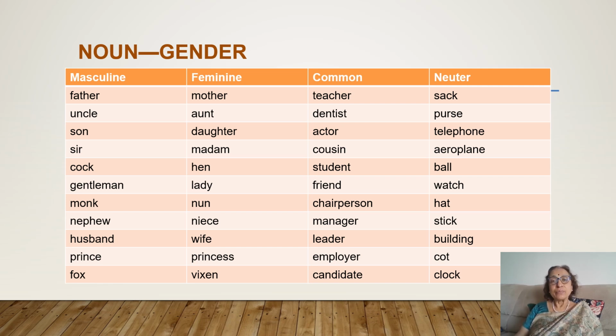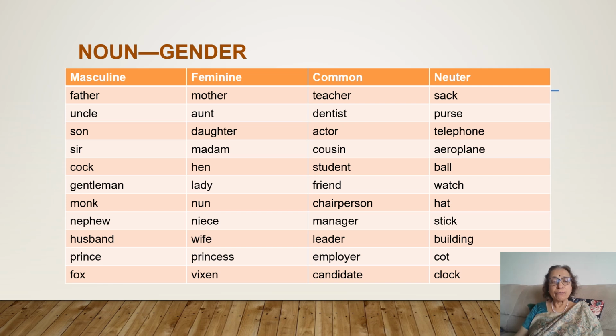Let us look at these columns one by one. You have the father and mother. Then masculine and feminine: uncle, aunt, son, daughter, sir, madam. Then you have the cock and hen, bird, gentleman, lady, monk and nun, people who have renounced the world, who've given up everything, nephew, niece, husband, wife, prince, princess.